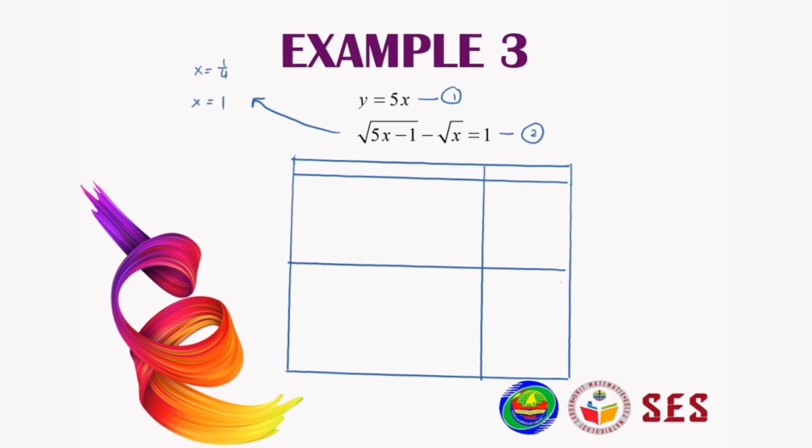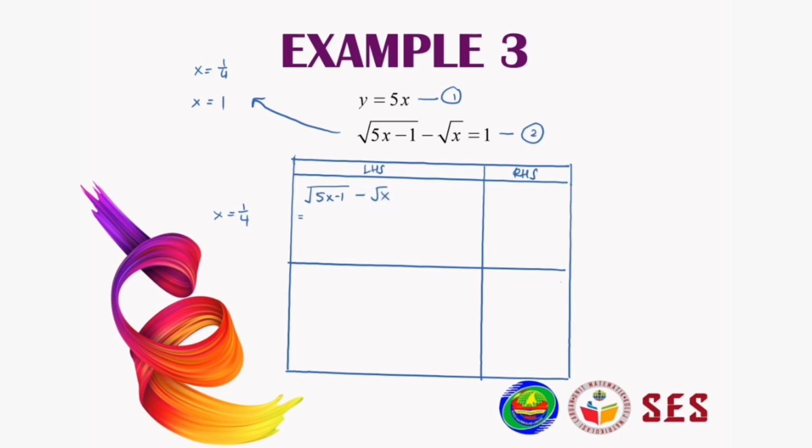Since equation 2 involves square roots, we need to check which x is the correct solution for equation number 2. As you learned in chapter 1, when you recheck, you need to check that the left hand side and right hand side of the equation are the same. First, let us check for x equals 1 over 4. The left hand side of equation 2 is square root of 5x minus 1 minus square root of x.